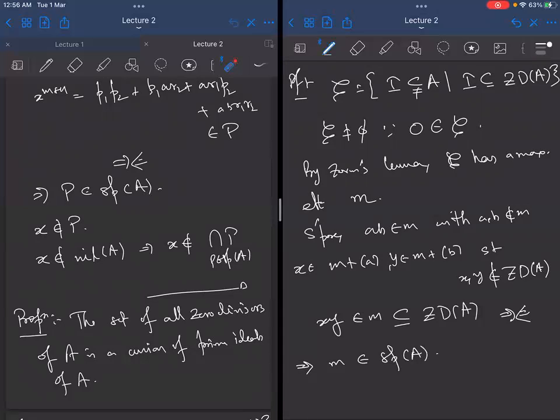So what we can obtain is that C has a maximal element, and if you take any maximal element of C, then that is a prime.